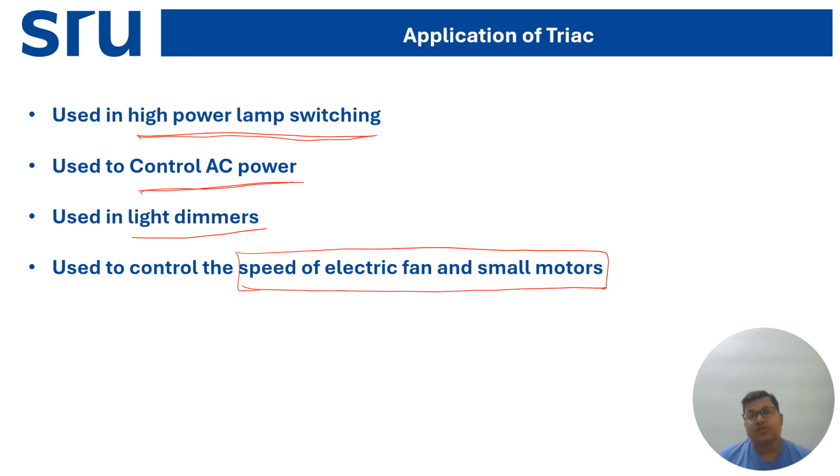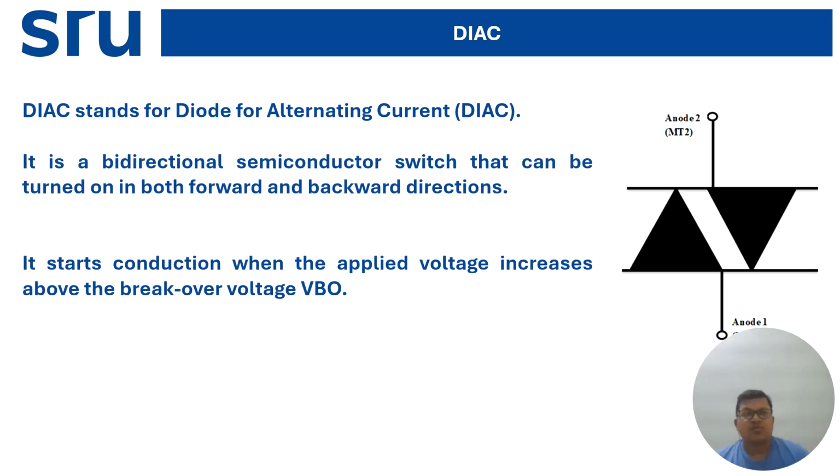Now we will see what a DIAC is and its operation. DIAC stands for diode for alternating current. Similarly, TRIAC stands for triode for alternating current, whereas DIAC stands for diode for alternating current.